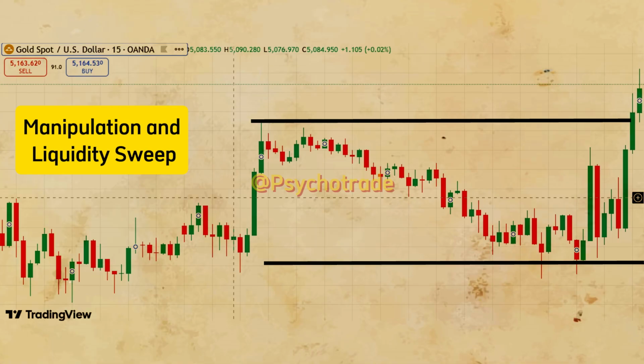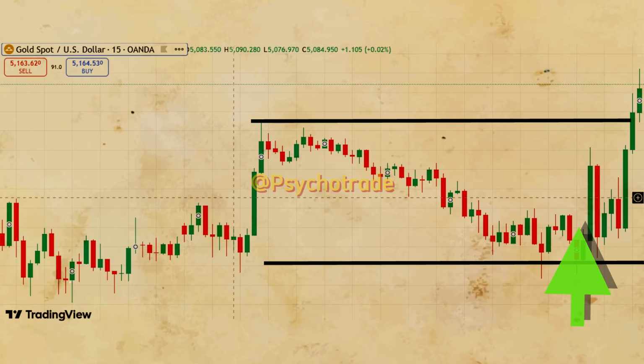When price reaches a demand zone at lower levels, institutions begin buying at those cheaper prices. At the same time, they may push price slightly lower to sweep liquidity, triggering stop losses and capturing orders in the market. Once they have accumulated enough positions, they push the price upward. This sudden move often creates a strong reversal, forming a new resistance zone.